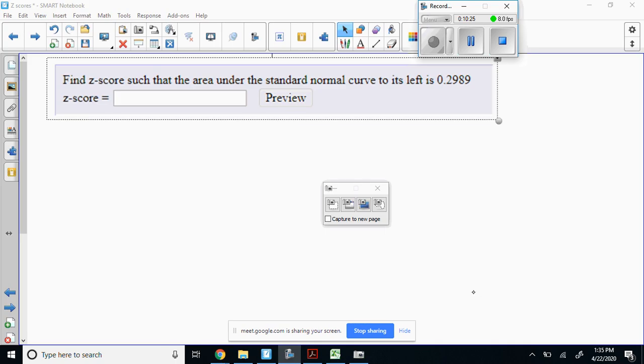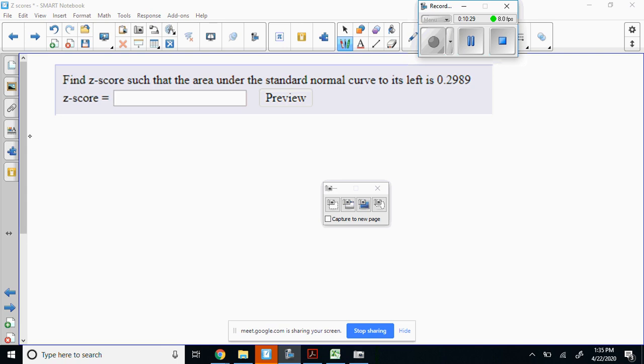So this is question number 18. That's the area under the curve, 0.2989. So what we're going to do is look at the Z table.